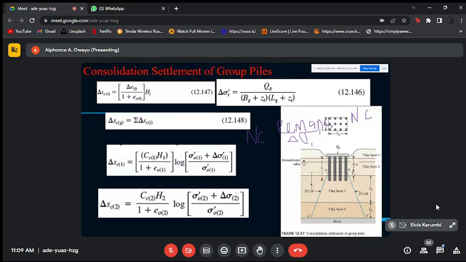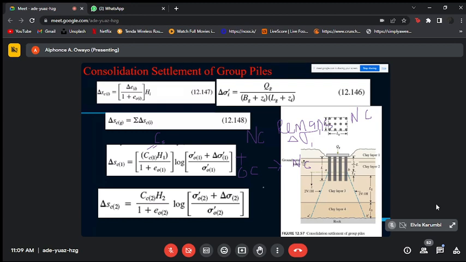Now, if the soil is over consolidated and transfers to normally consolidated clay, then you have to have this plus the same formula, but in this case we'll be having the coefficient of swelling.